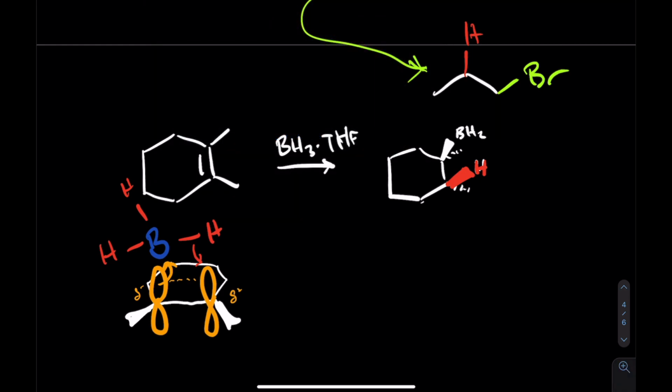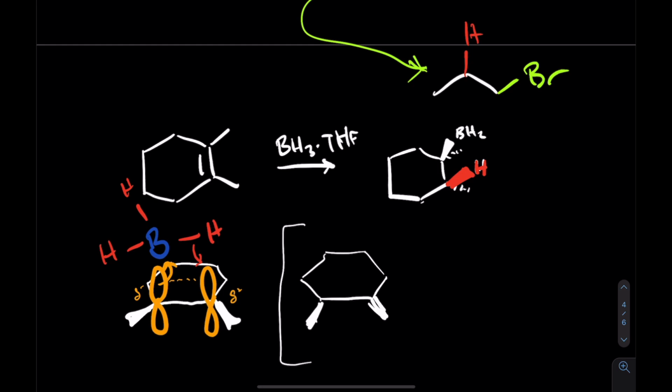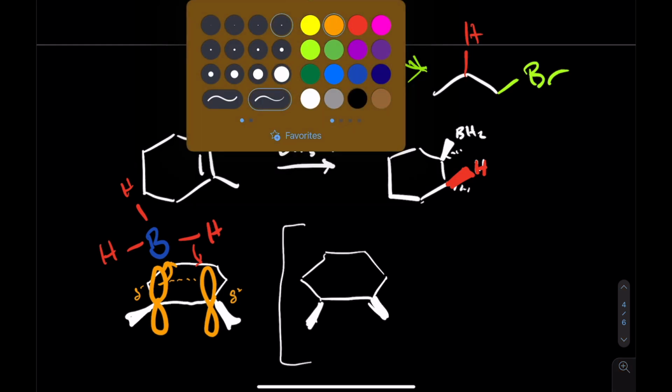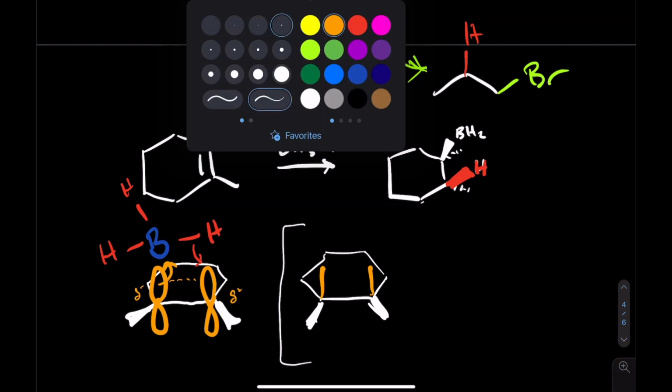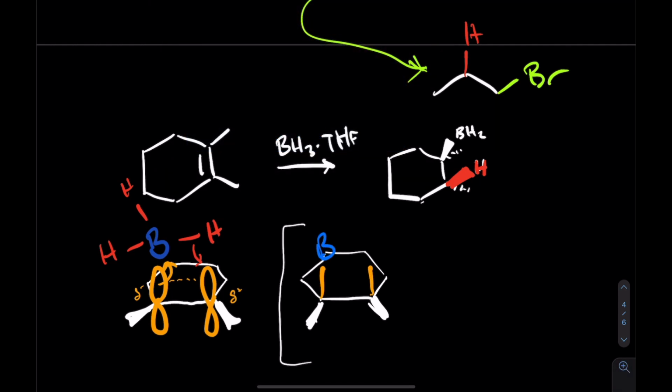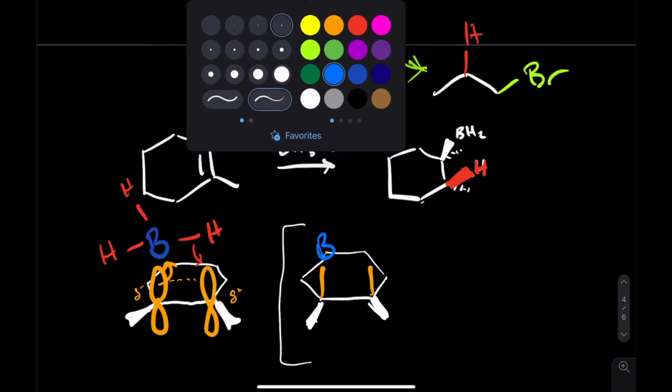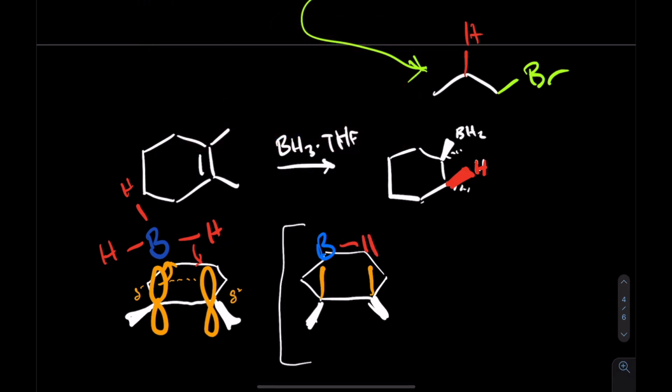What you might draw as a transition state in this boron process would look something more similar to a four-membered ring forming, where boron is right here and the hydride is coming right here.